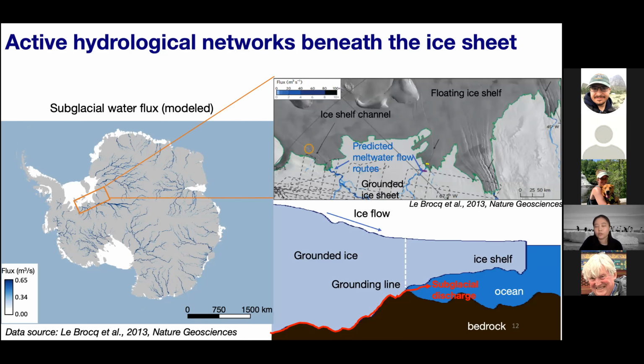And when this water crosses the grounding line and is discharged into the ice cavity, it will add buoyancy to the meltwater plume and enhance the basal melt rate. The profile in the upper right shows basal channels are almost always coincident with the output locations of subglacial discharges.